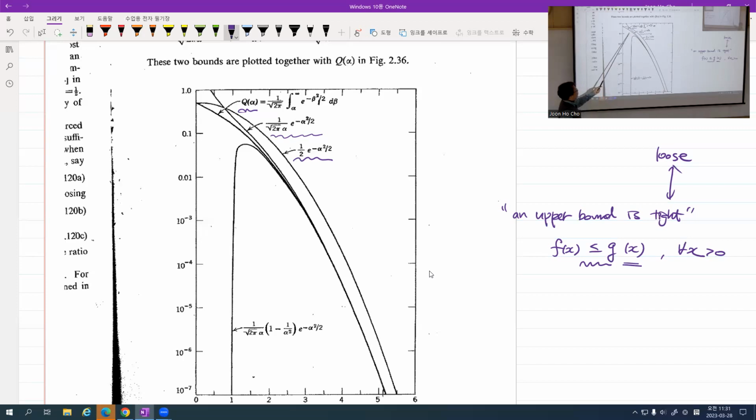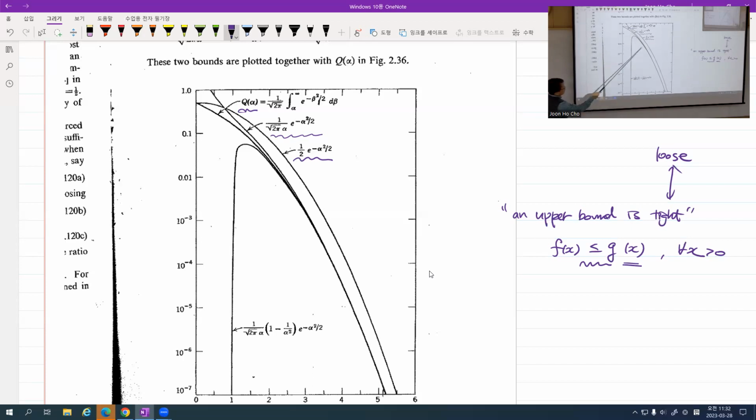Anyway, if you plot this, even though you do not mathematically prove whether the bound is asymptotically tight or not, this is practically tight enough, right? And also the lower bound, you see, here around alpha equals 1 is very loose, right? Be careful. This lower bound is very loose when alpha is close to 1.